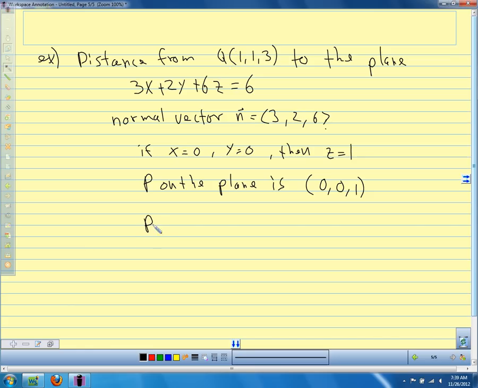So now we can find our vector PQ. So PQ is going to be what? 1, 1, 2. So we're just forming the vector between P and Q. And now we can find our distance. We're going to do PQ dot n.